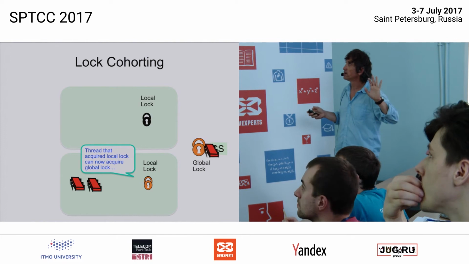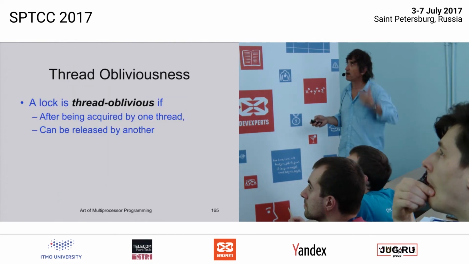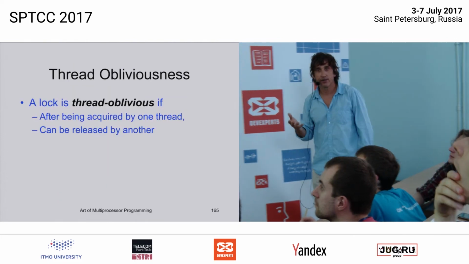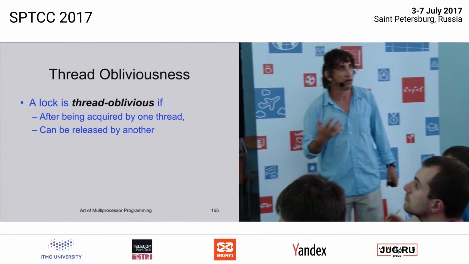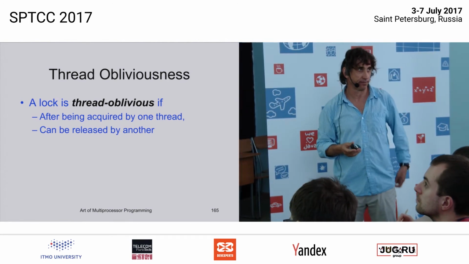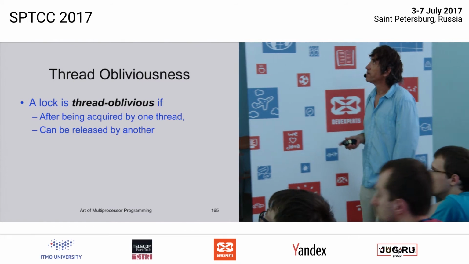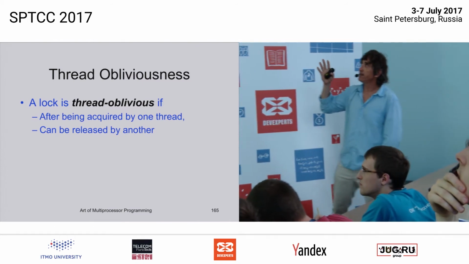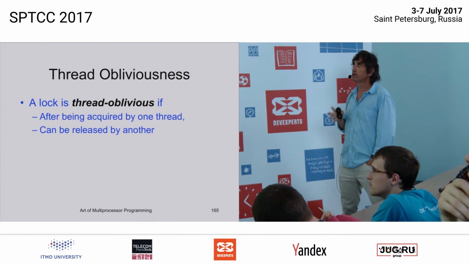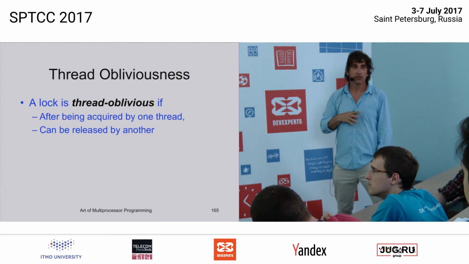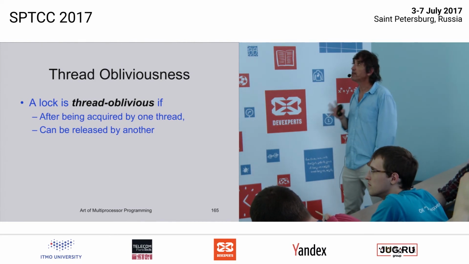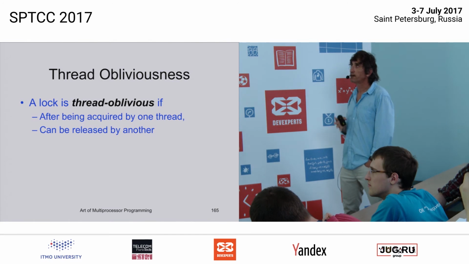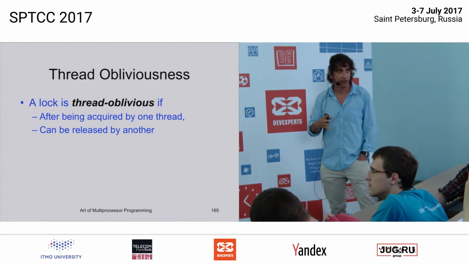Now, what do I need in order to build a cohort lock like this? One thing I need is thread obliviousness. Let's define a lock to be thread oblivious if, after being acquired by one thread, it can be released by another.